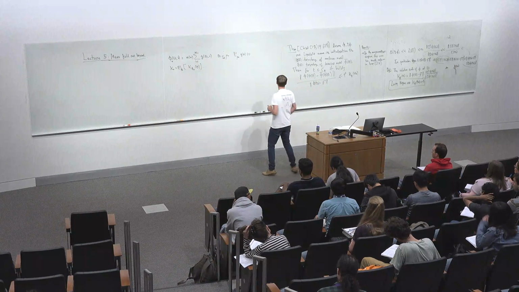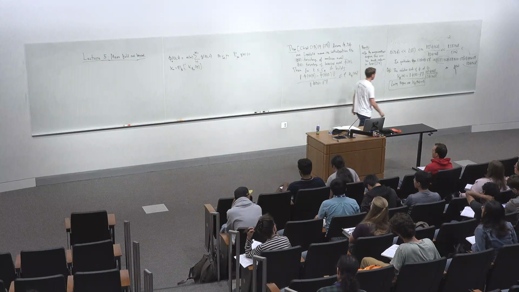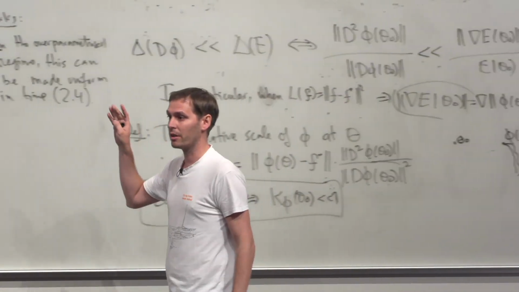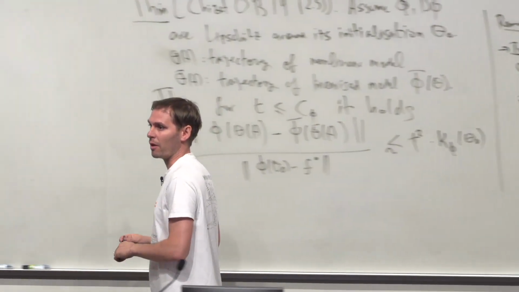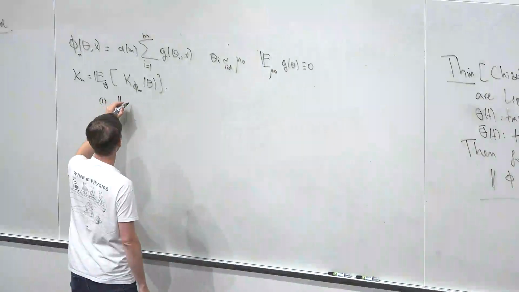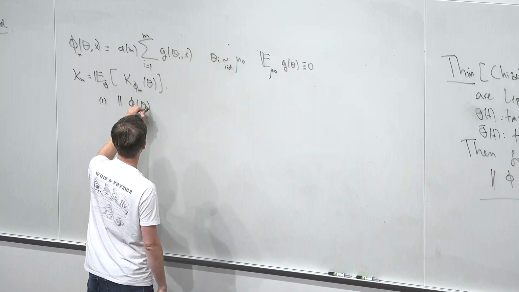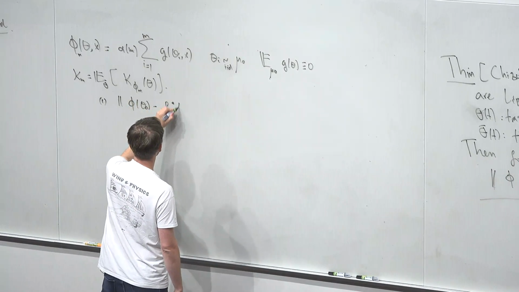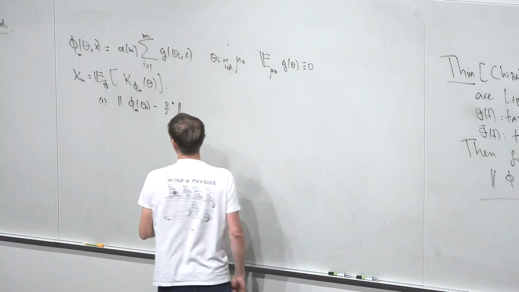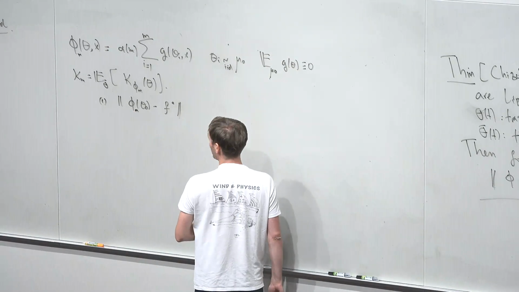So in the relative scale, we have 3 terms. Let's compute these 3 terms for that formula. The first term is the distance at initialization between the initialization and the target. So what does this thing converge to when m goes very large?